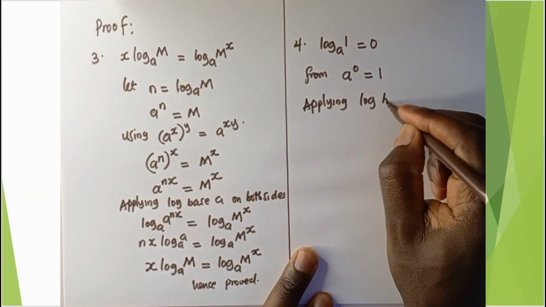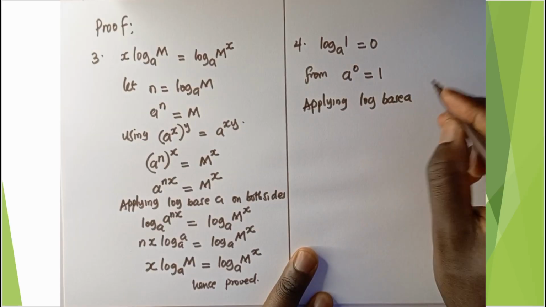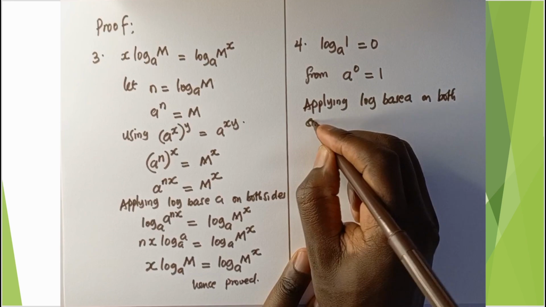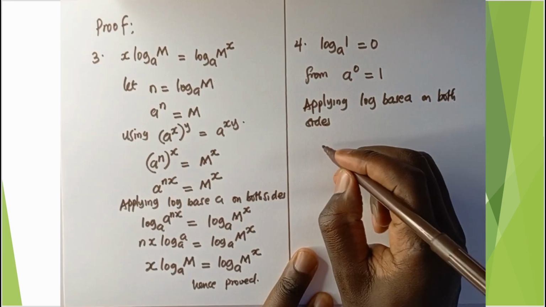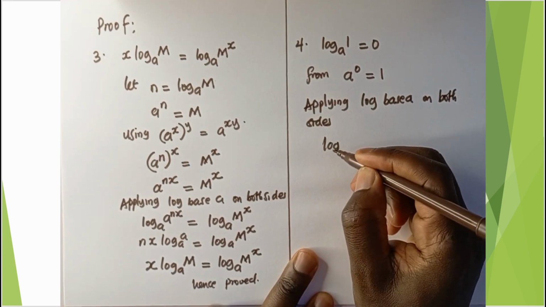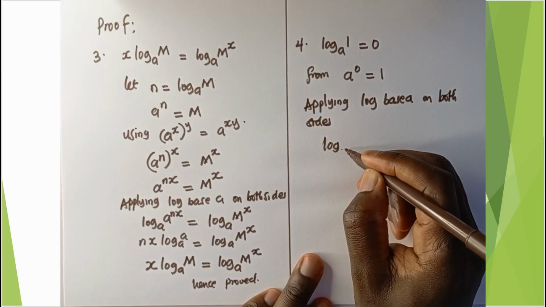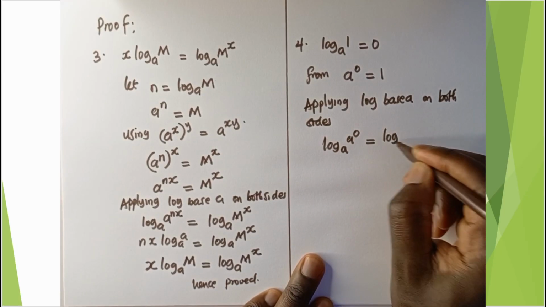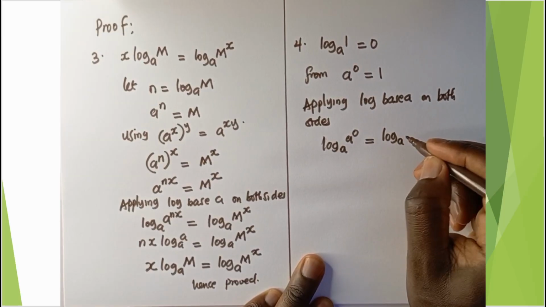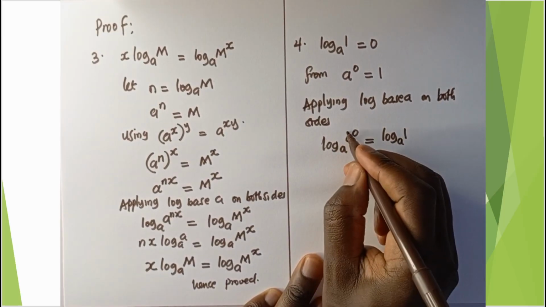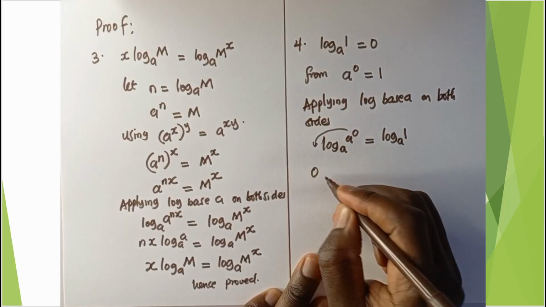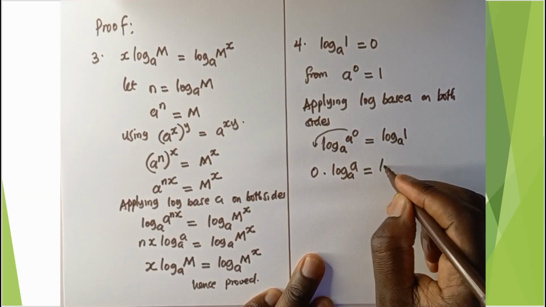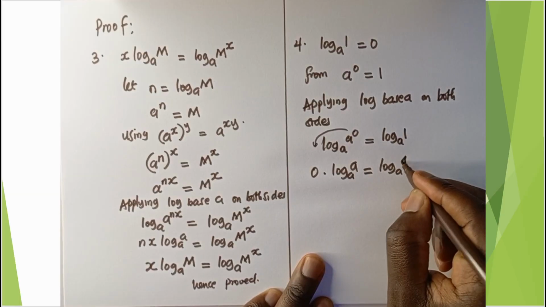log base a on both sides, we shall have log base a of a to the power 0 is equal to log base a of 1. Now the 0 drops, so we have 0 times log base a of a is equal to log base a of 1.